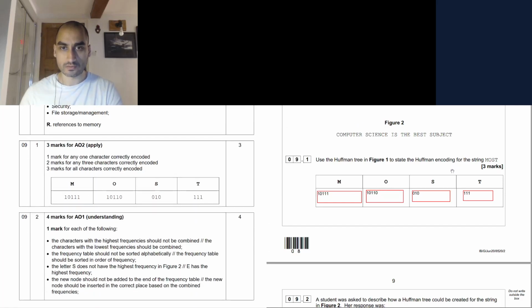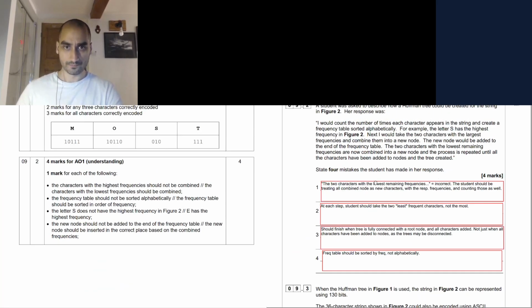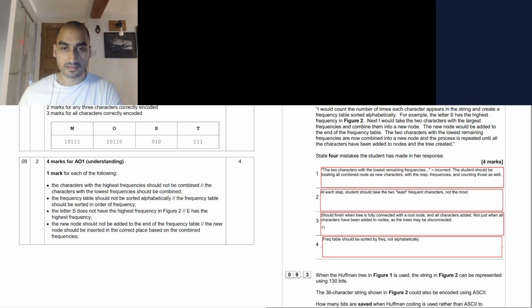10111, 10110, 010, 111. Okay, this one I didn't fully understand. Yes, I got that first point. Should be sorted by frequency. Yes, I got that. Letter S does not have the highest frequency. E has the highest frequency. Oh, I didn't spot that. Damn it. The new node should not be added to the end of the frequency table. The new node should be inserted to the correct place.